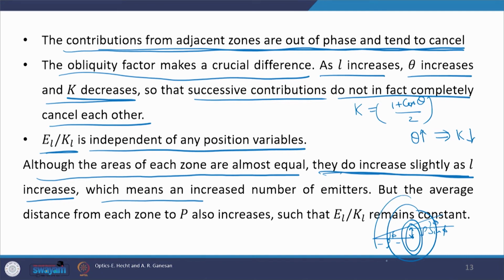Because as you increase this ring radius, the distance from the point of observation P also increases, and this increase is such that EL upon KL remains constant. Number of emitters are increasing, therefore EL should increase. But alongside, theta is also increasing, therefore EL upon KL remains constant.